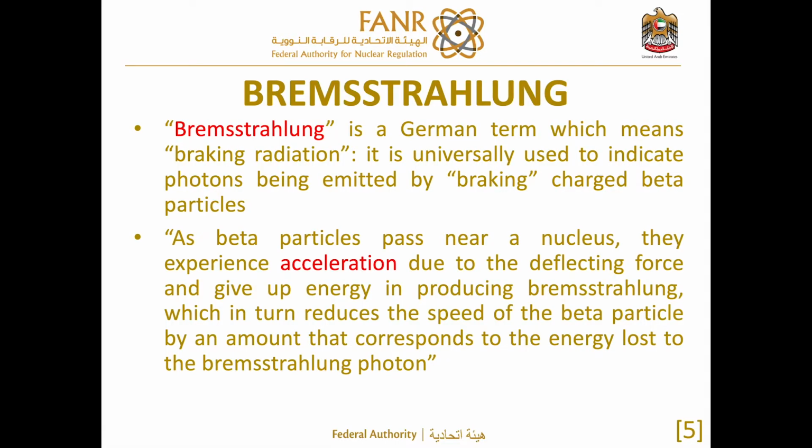The emission of bremsstrahlung radiation for beta particles is the result of the interaction between the beta particle, the electron, and a nucleus of an atom close to which the beta particle is passing by.